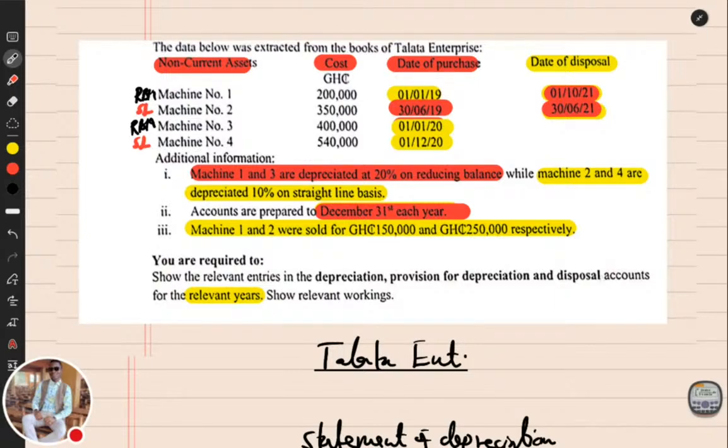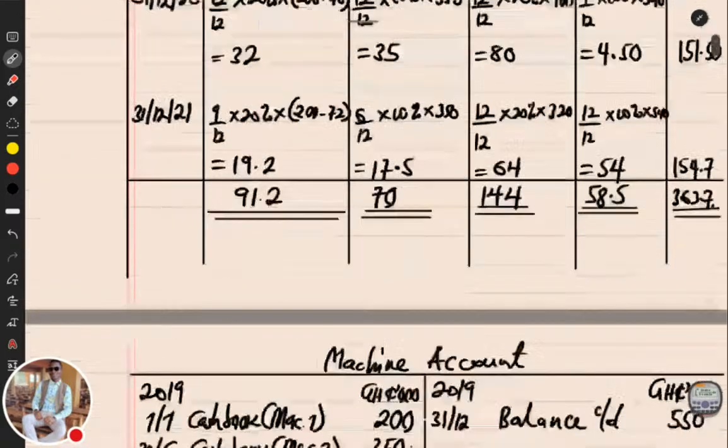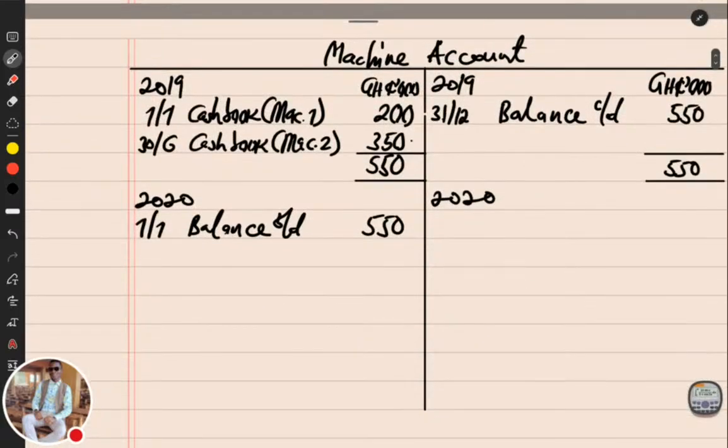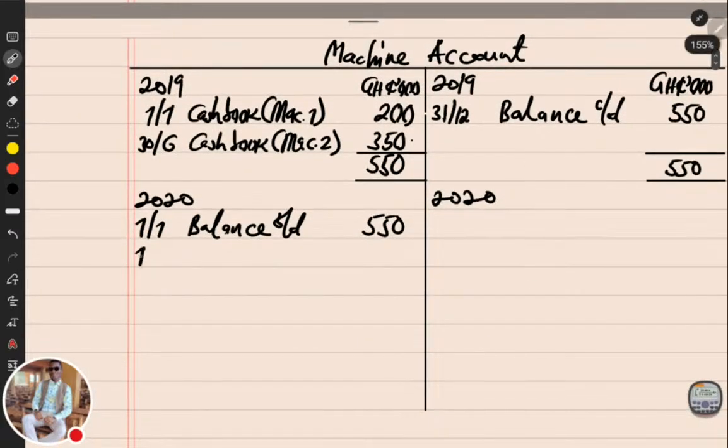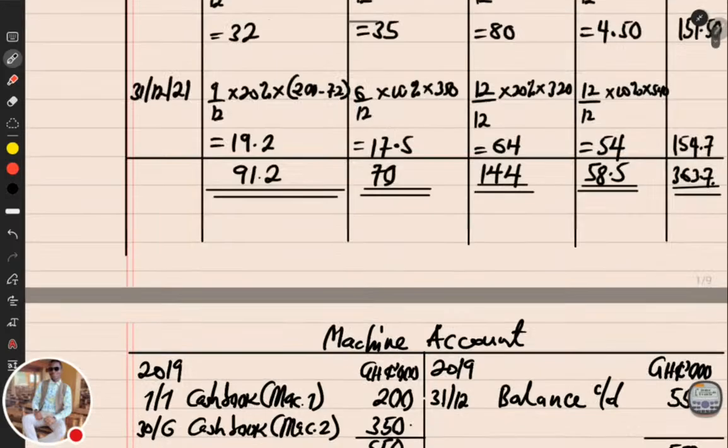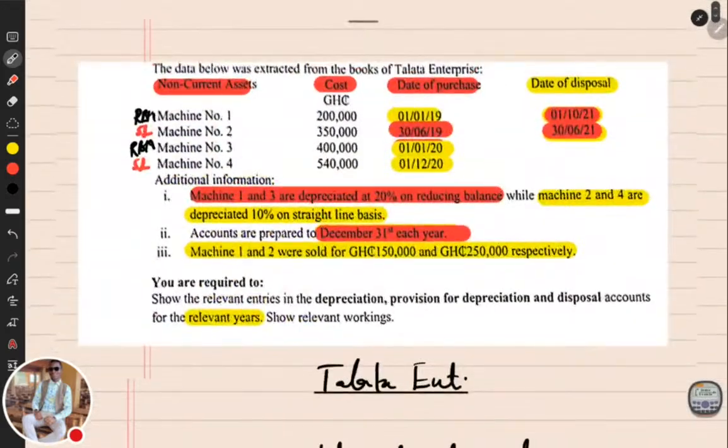So machine number 3 was on what? 1st January 2020. So we'll have that also coming up here on the debit side. So we'll have cash book, machine number 3, and the cost was what? 400. For that as well, you can cross-check that 400.